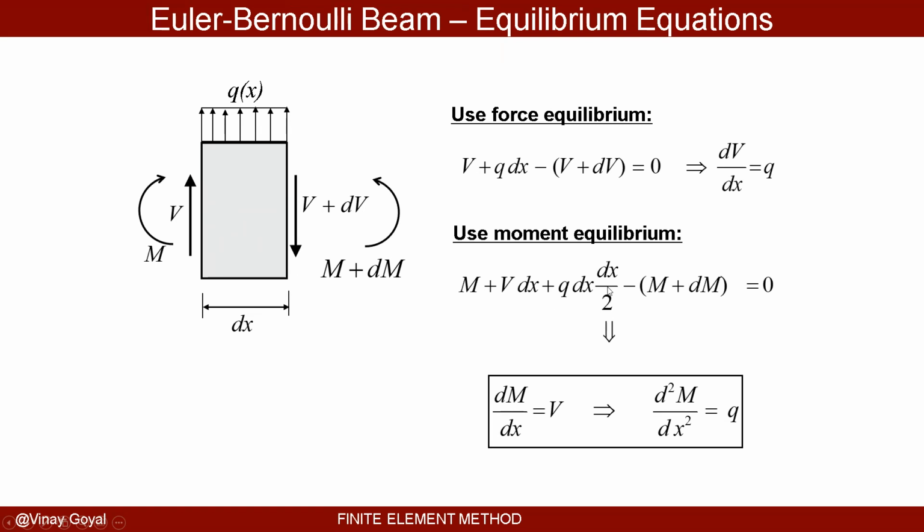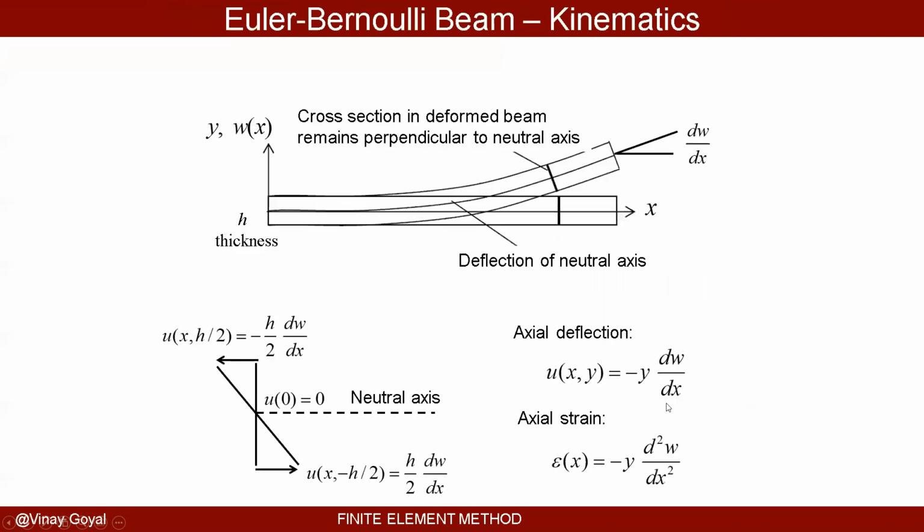As dx goes to 0, you can find that dM/dx equals V. And then the second derivative of the moment with respect to x is Q. You can see here that came from substituting this expression into this expression, and that gave me that expression there.